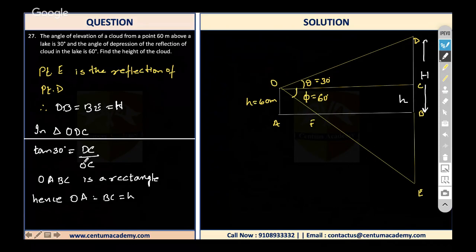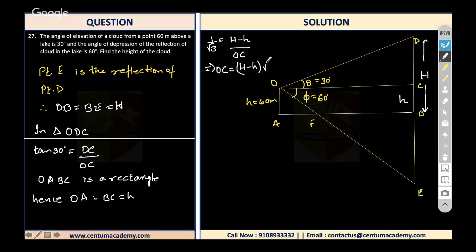Now, tan 30 is 1 upon root 3, equal to DC upon OC. So DC is nothing but capital H minus small h, divided by OC. So this implies OC is equal to root 3 into (H minus h).